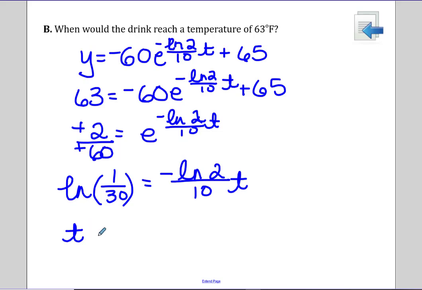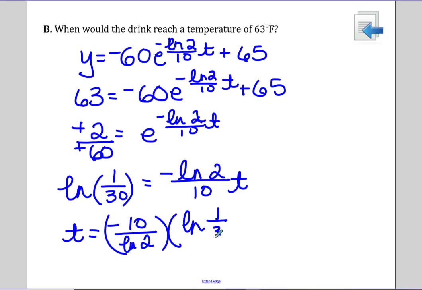So our t, again, grab out your calculator, is negative 10 divided by natural log 2 times natural log 1 over 30.